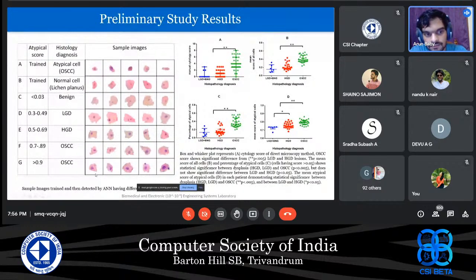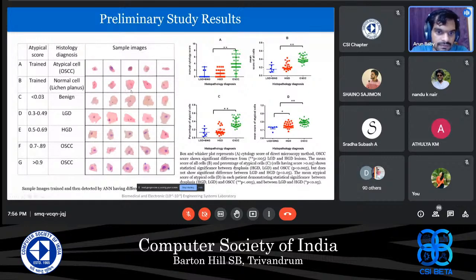Now, finally, when I fed the cells to the neural network, it showed an atypical score. Normally, cells with a larger nucleus and a shorter cytoplasm are atypical, which is a precursor for cancer cells. Cancer patients will have a lot of cells with larger nuclei.